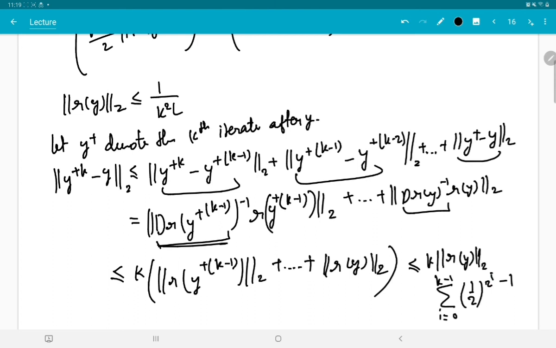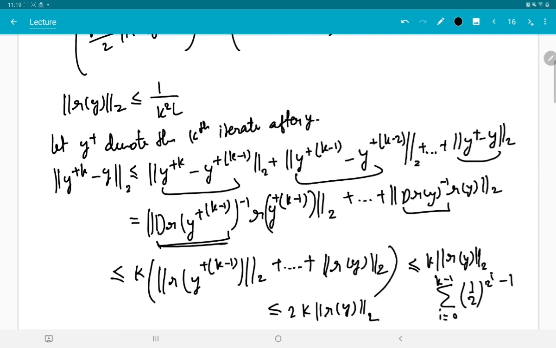So this is bounded by the GP 1 half, 1 over 4, 1 over 8. So this term is less than or equal to 2 times, that is the summation of the GP, which is 2 times the term. So this summation is bounded by 1, so this is less than or equal to 2 times k r by 2.